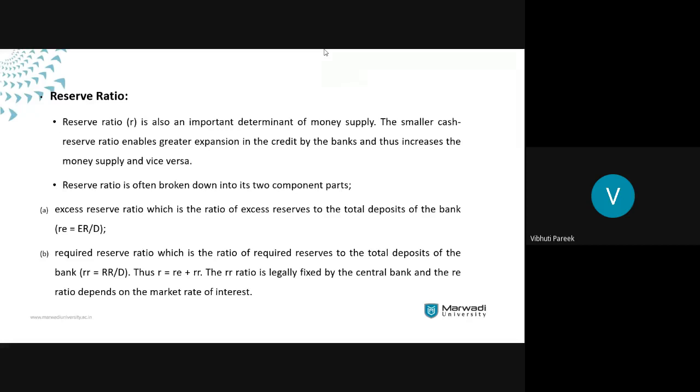So in this way, we can say that the reserve ratios are responsible for increasing or decreasing the money supply in the market.